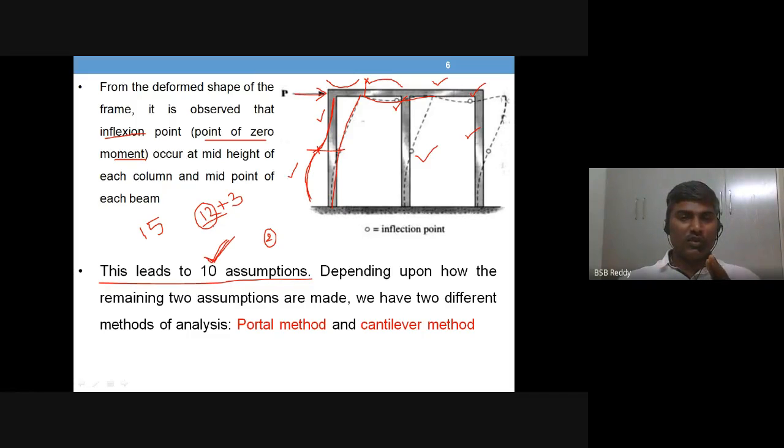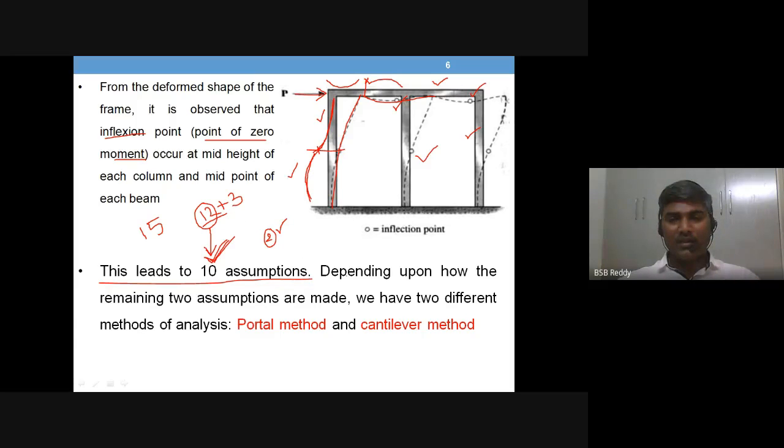Those 12 you need to get by some assumptions or conditions. The one assumption that each member has a point of contraflexure at the middle will give you 10 equations. I am talking about the example of the two-story two-bay frame. So there are still two more equations required.